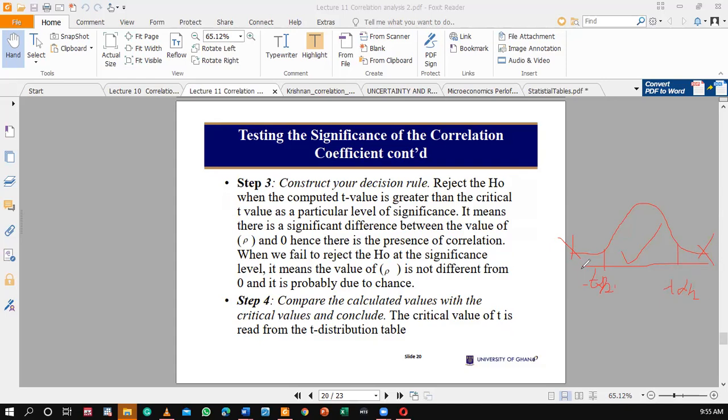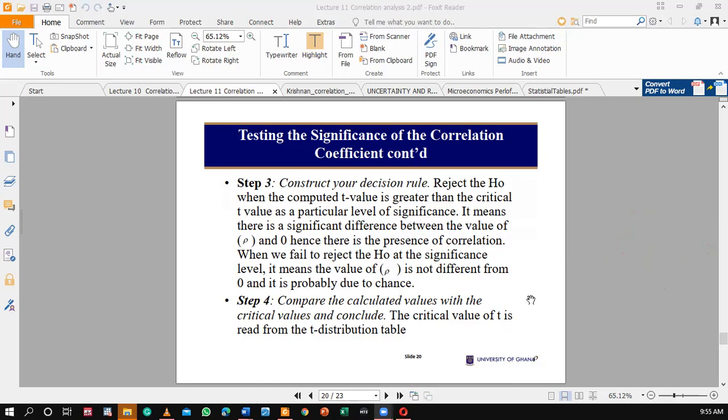Or if the t statistic is less than the negative one, that's the left tail, we reject the null hypothesis. So the decision rules are two. You know them both, and then depending on the t statistic that you have, you can make your decision.